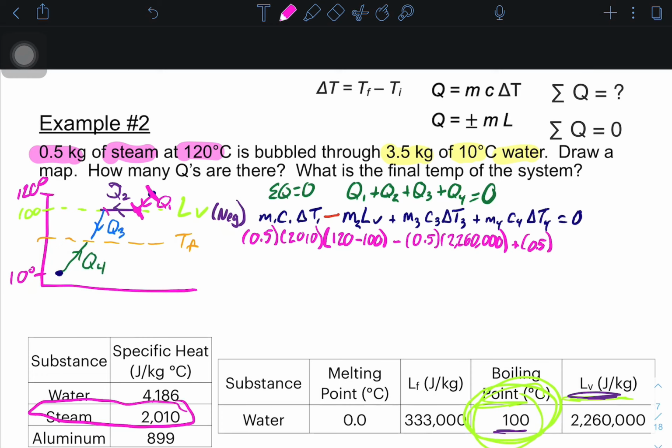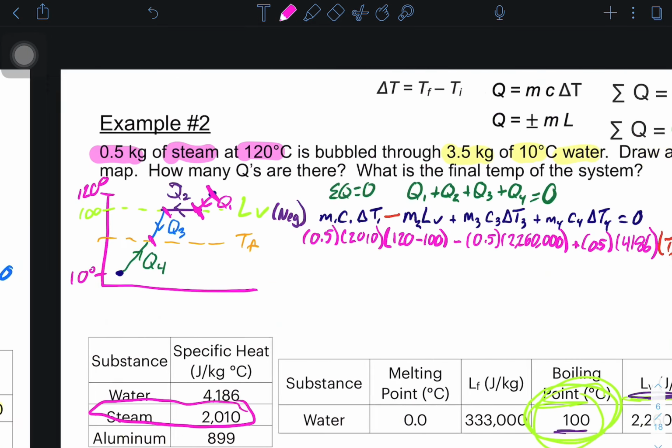plus the mass of Q3. Now Q3 is from here to here, so that is going to be 0.5 times liquid water of 4,186 times the final temperature minus what my liquid water started at in this particular Q3, which is 100.